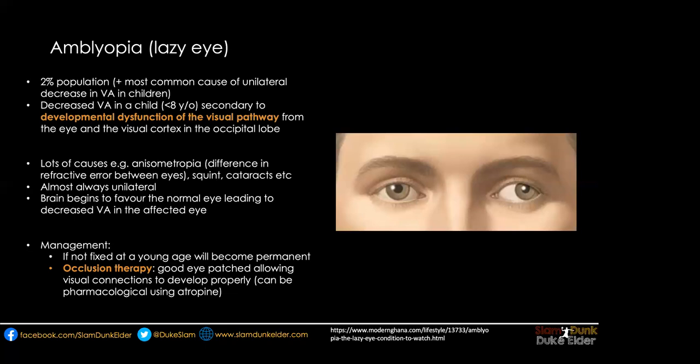But obviously with children, if you're covering the good eye, the adherence is pretty poor, and children don't tend to tolerate it very well. So you can use pharmacological drops, atropine, to help adherence to that pharmacological occlusion therapy, which encourages the child to use the poorer eye to develop a better visual pathway.